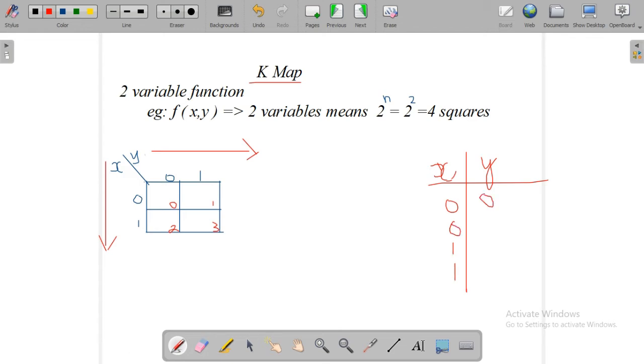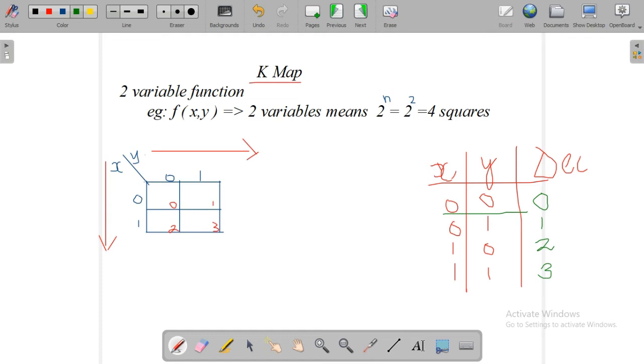The second column goes 0, 1, 0, 1. I hope everyone knows the decimal values also. So how can we write the decimal value? 0, 0 means 0. 0, 1 means 1. 1, 0 means 2. 1, 1 means 3. These are the decimal values.